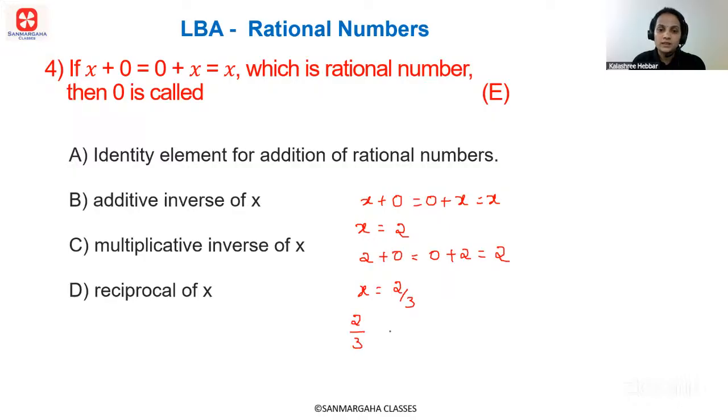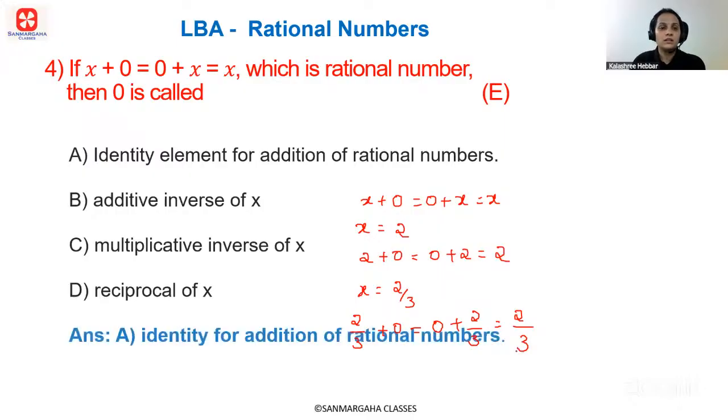So 2 by 3 plus 0 is equal to 0 plus 2 by 3 is equal to 2 by 3 only. So we can say it is the identity element for addition of rational numbers. Option A is the correct answer.